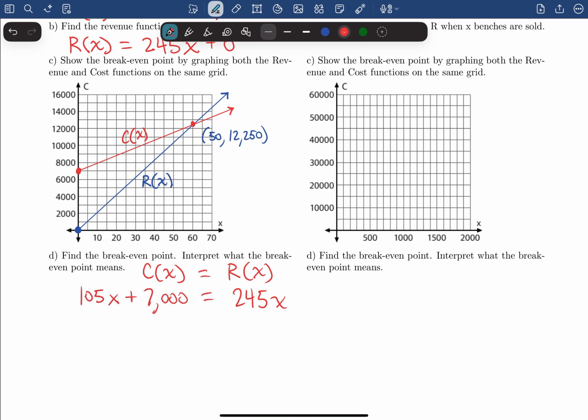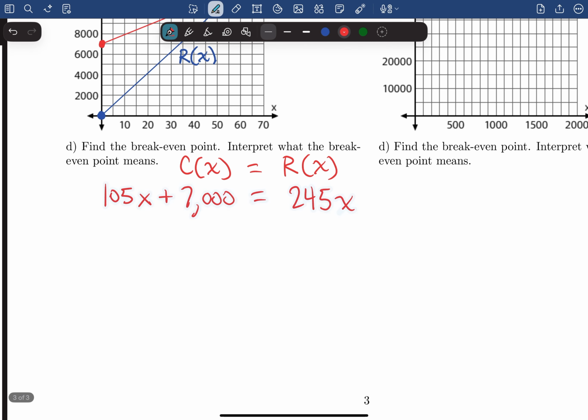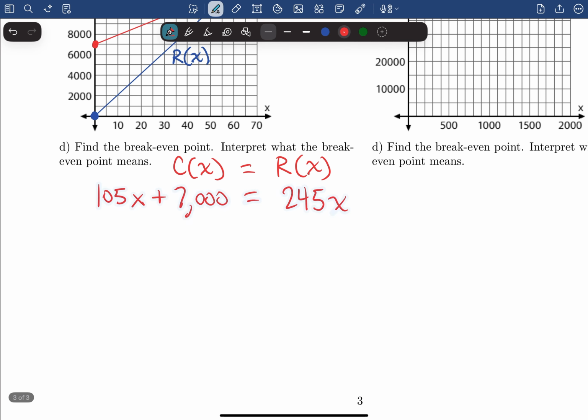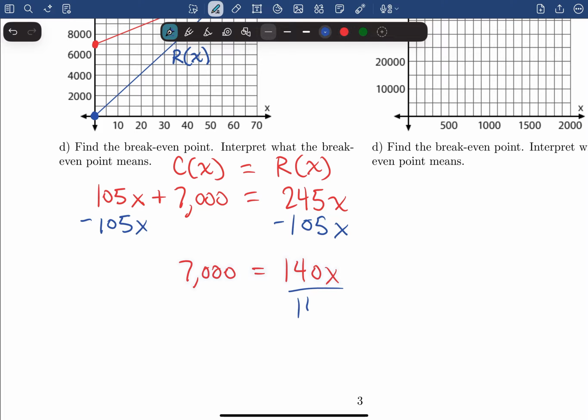Great. Now I could solve this for x. So I can actually take this 105x and subtract it from left to right so that all my terms with x in it are on the same side. And now I have 7,000 is equal to 140x. And now I can divide by 140 from right to left.